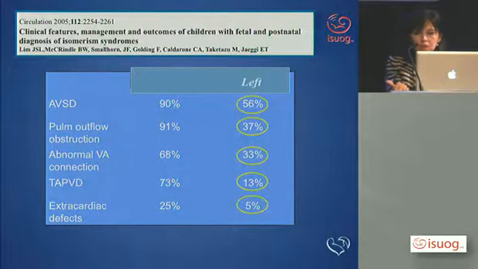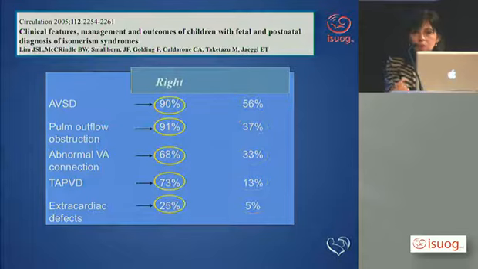So they can be seen in a large number of left isomerism. You see AVSD in nearly 60% of left isomerism. So all of them are very common in left isomerism, but they're even more common in right isomerism.